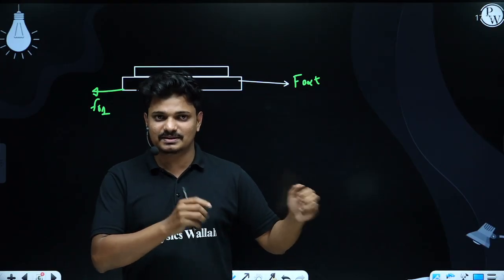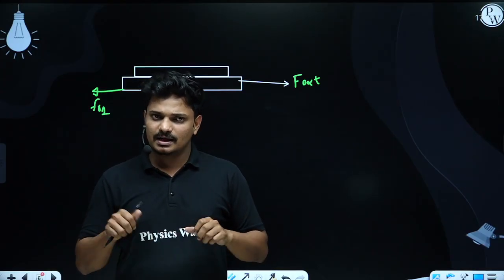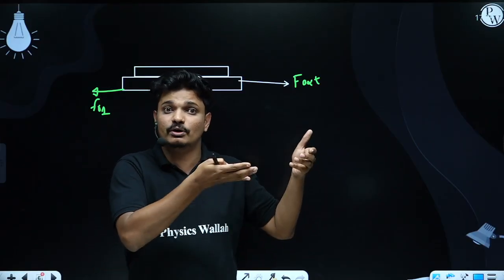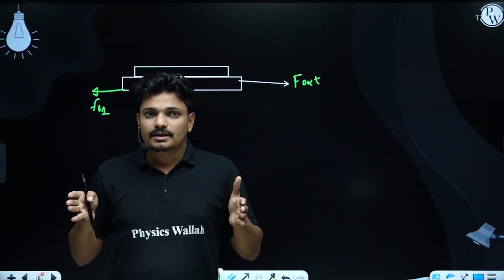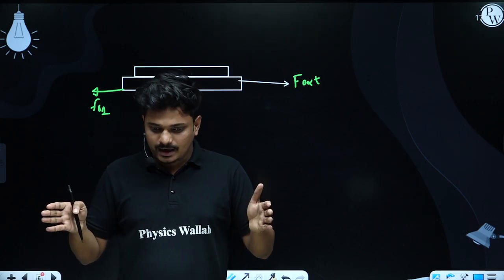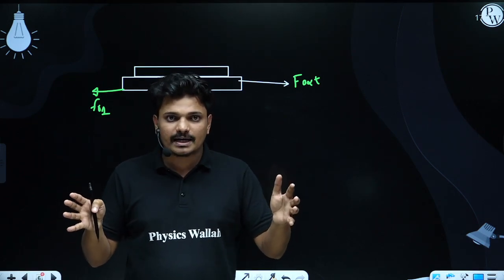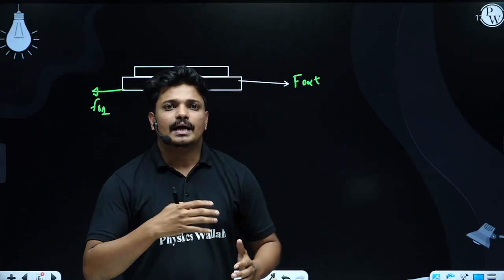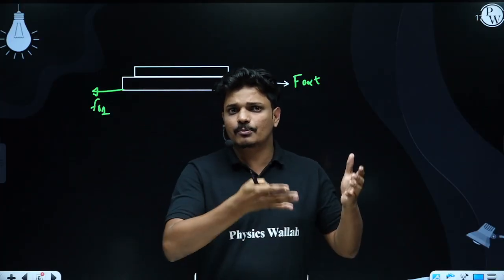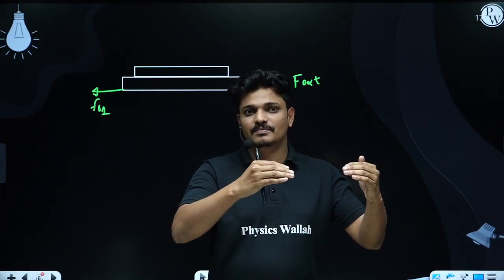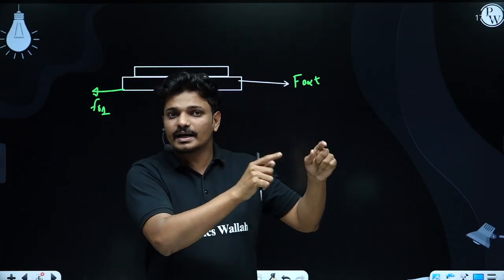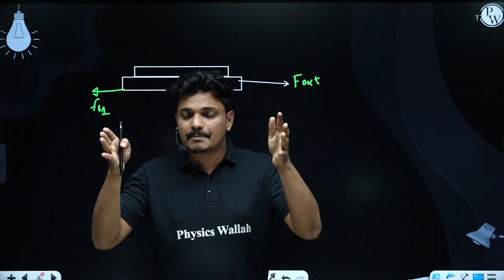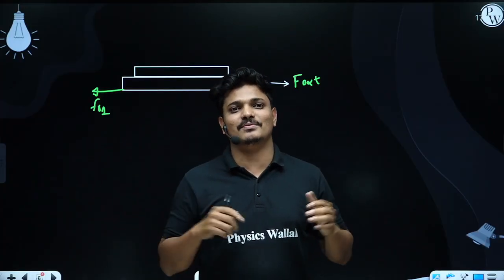Then after that, F external keeps on increasing, and the M1 and M2 system moves on the ground, and after some time at one particular force, this second body, that means M2, starts to slide over M1.